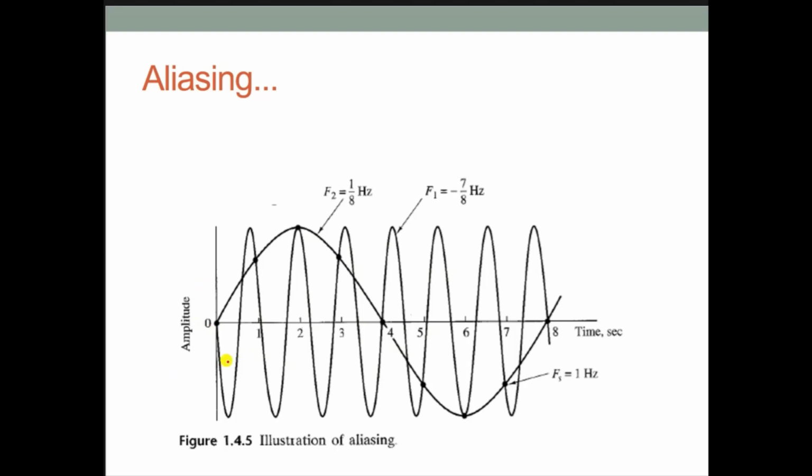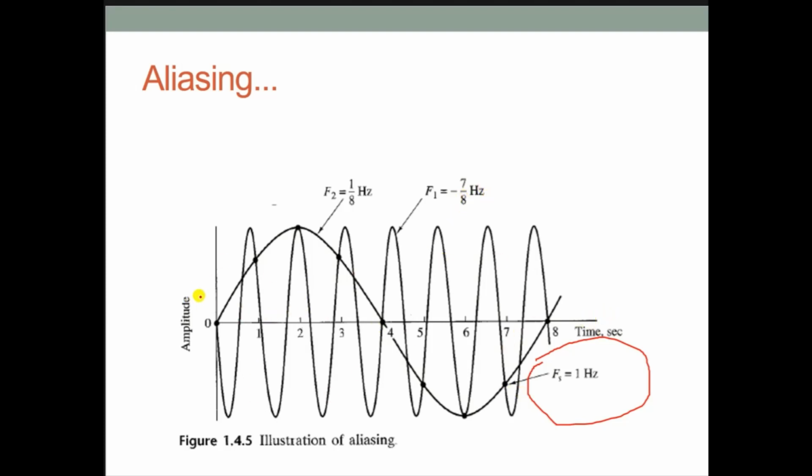When a signal is sampled at 1 Hertz, you can see that F2 at 1/8 Hertz gives you a slower, bigger cycle, and F1 at 7/8 Hertz gives you a faster signal.